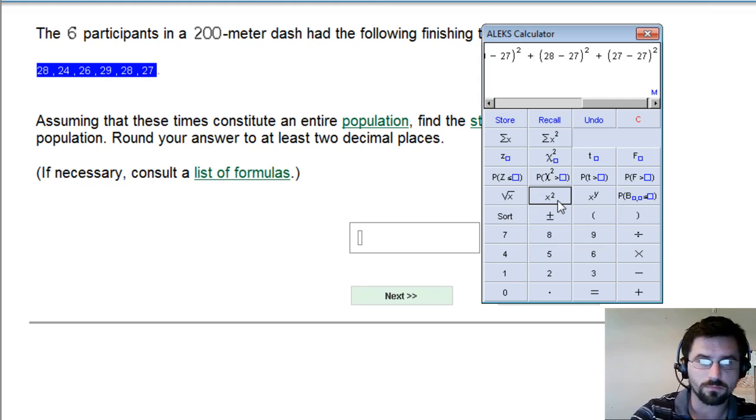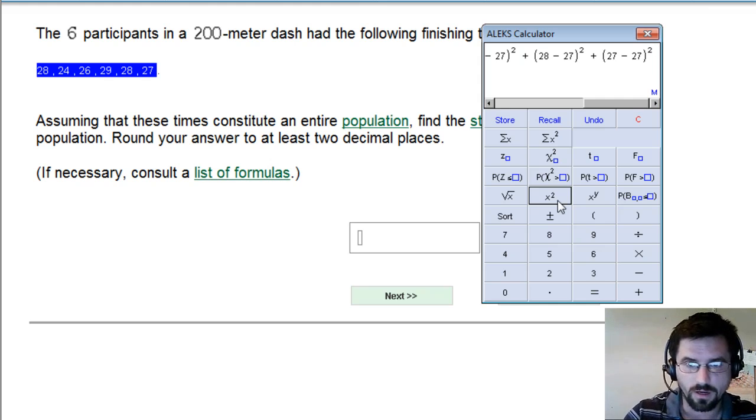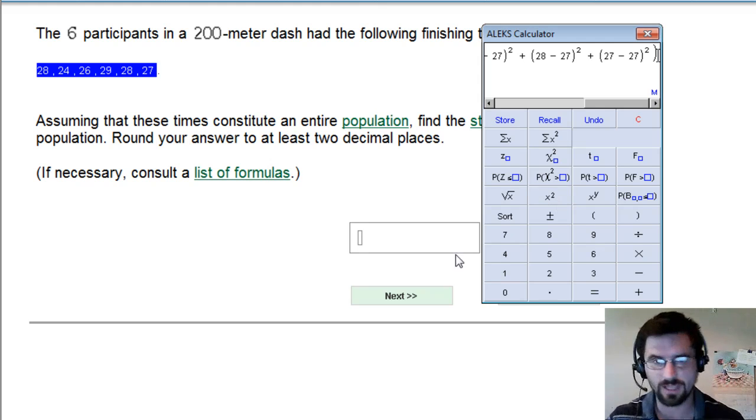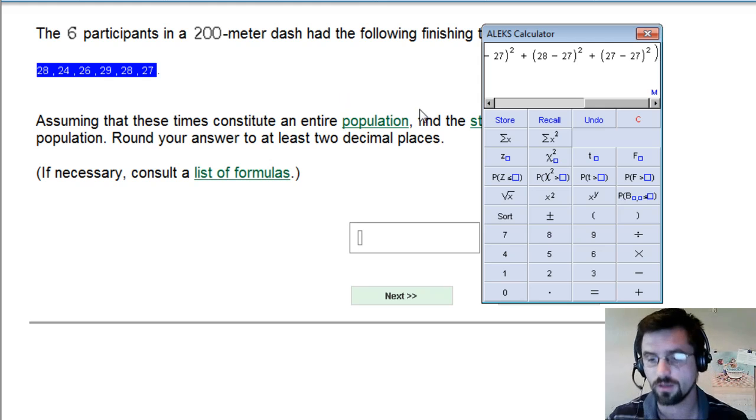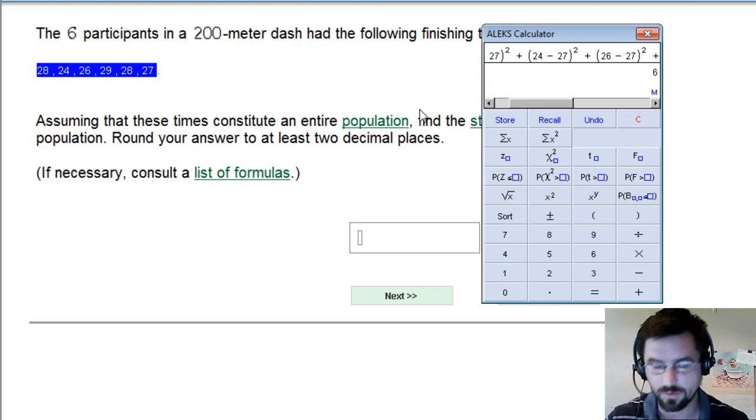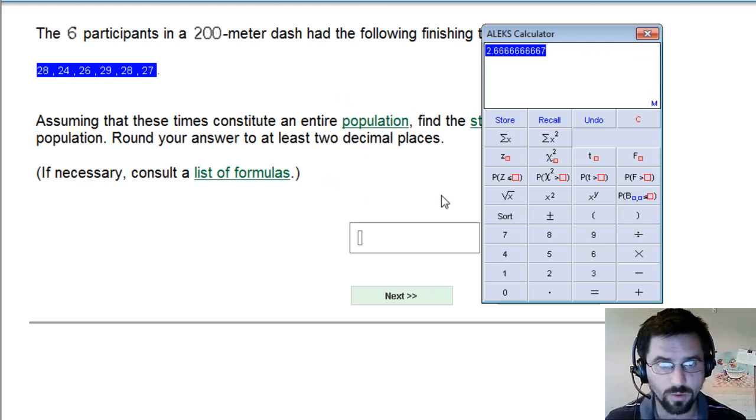Okay. And now I'm going to arrow over and close that parenthesis, because I'm taking this whole quantity, which is the sum of the squares of the differences, and I'm dividing it by the population size, which is 6. So my answer is 2.666 or 2.67.